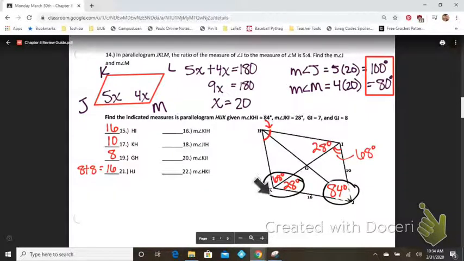The big angle at K should be the same as the big angle at I. So we would add those two together, add these two together. It should be the same thing. So KIH is 28 degrees.